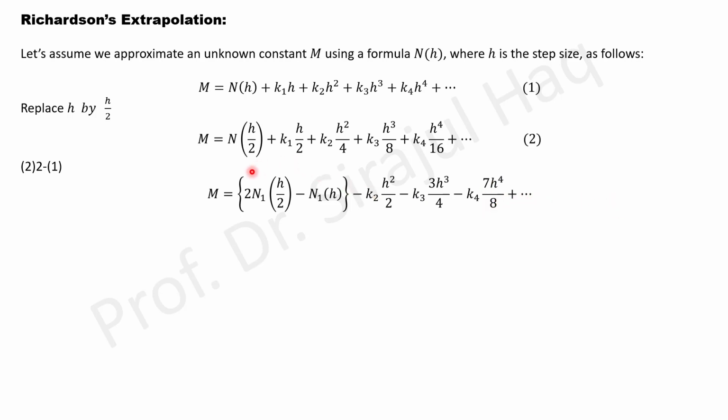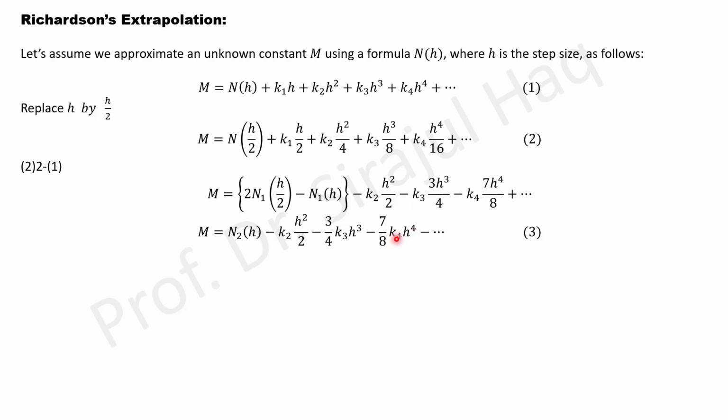Now let's assume this term I represent by n2 of h. Then the form of the formula will be, I have rewritten this equation with replacement of this term by n2 of h. So this will be n2 of h minus k2h square minus 3 divided by 4 k3h cube minus 7 divided by 8 k4h4, and so on.